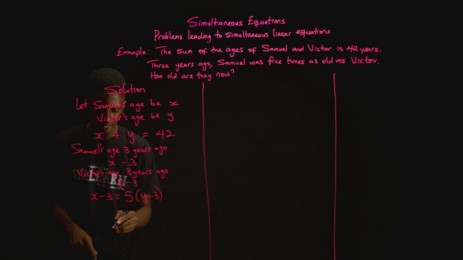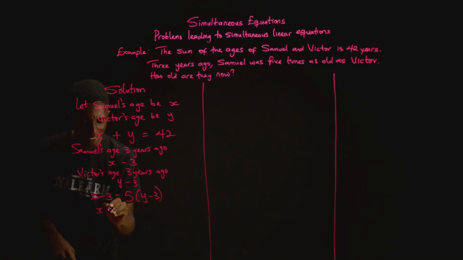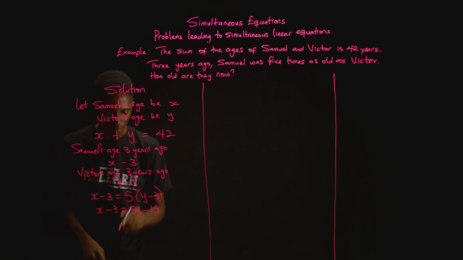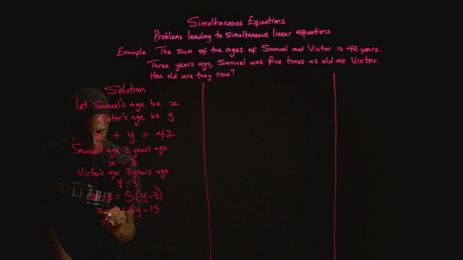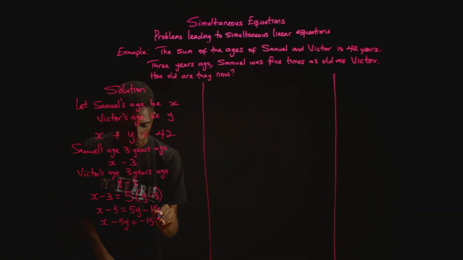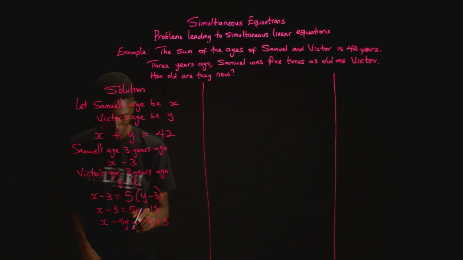So let's simplify this. We then have X minus 3 equals 5Y minus 15. Collecting like terms, we can then say X minus 5Y equals minus 15 plus 3.